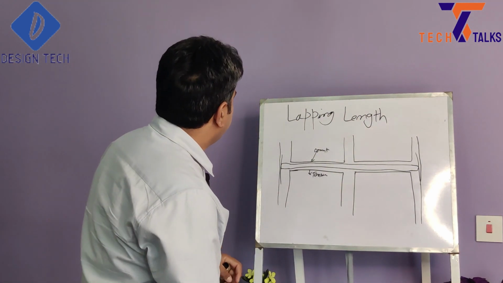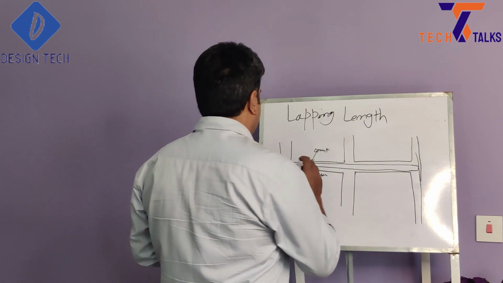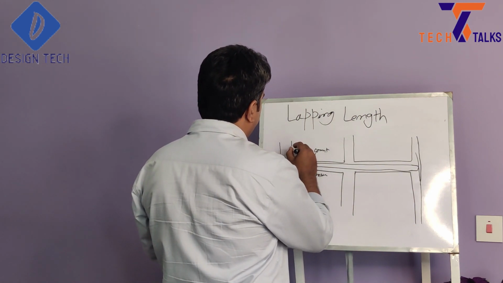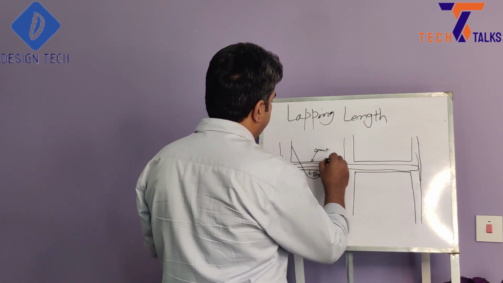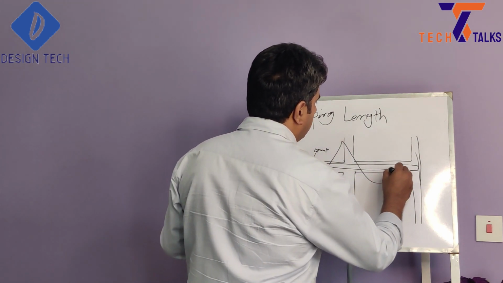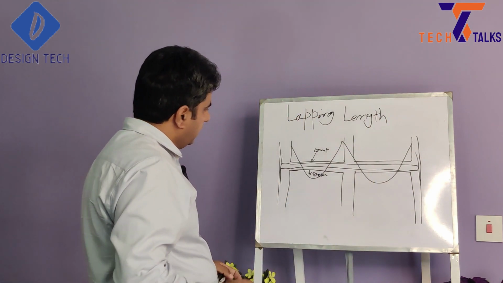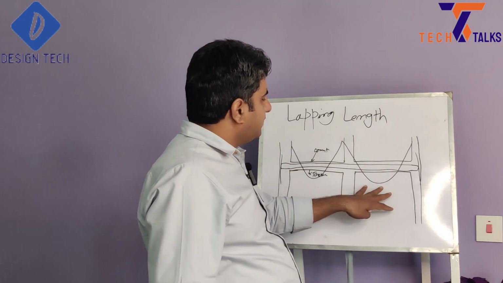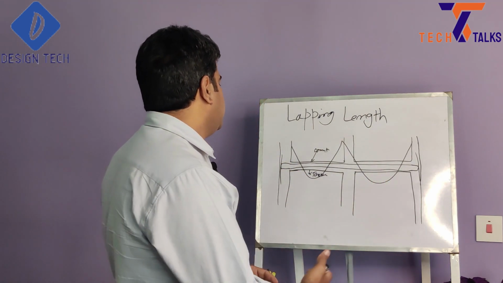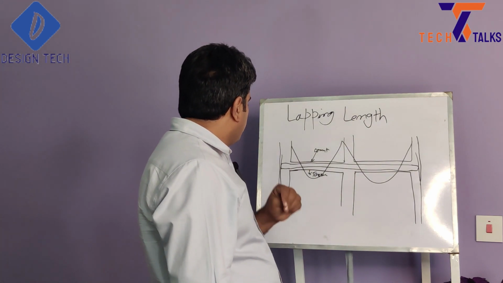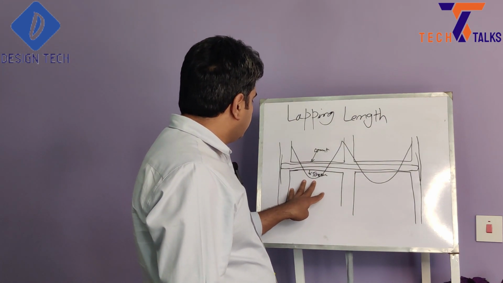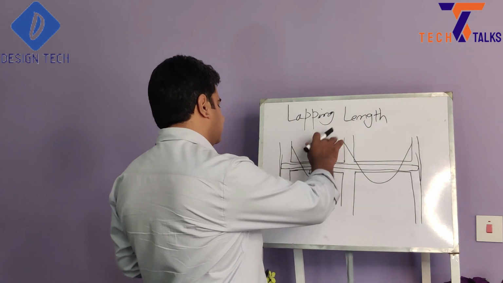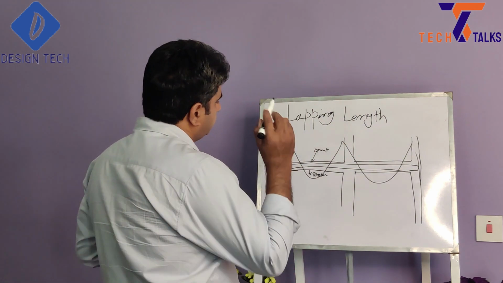As you know, our bending moment arrangement for a continuous beam will be something like this. From this bending moment diagram itself, we can see where we can provide our lap length for the tension zone and compression zone.